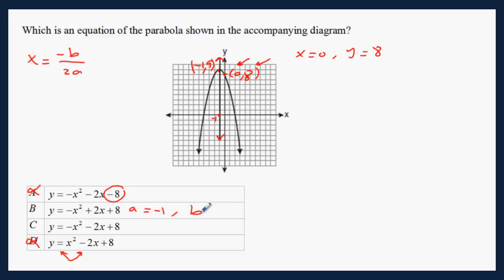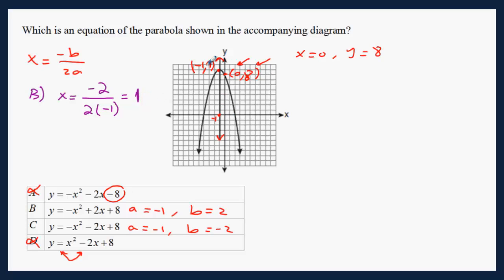B is the coefficient of the x, in this case positive 2. Let's see which one is going to be choice B. For choice B, x equals negative b, which is negative 2, over 2 times a, which is negative 1. Negative 2 over negative 2 is going to be positive 1.